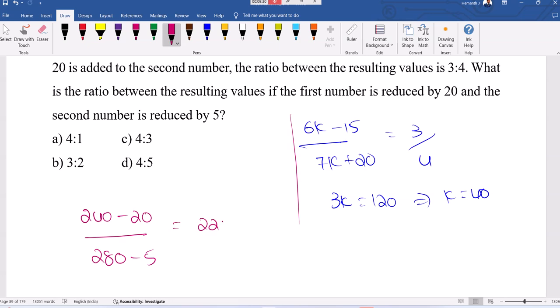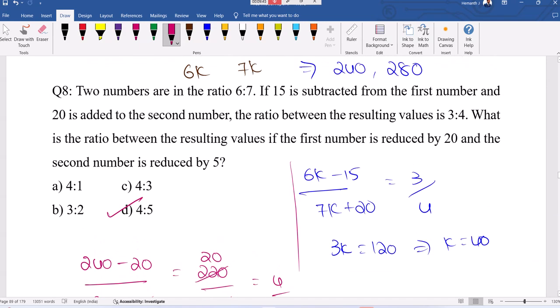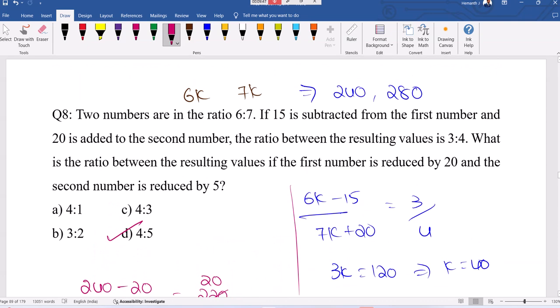The result is 220 upon 275. Dividing by 55, 4 by 5. Option D is correct. 4 is to 5. Very basic one, a ratio related question. Right? See this.